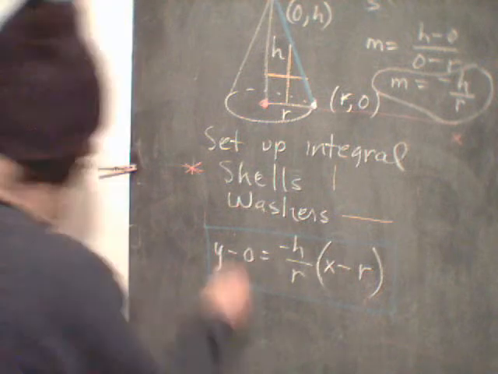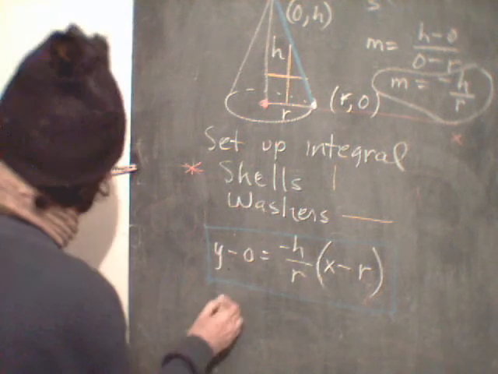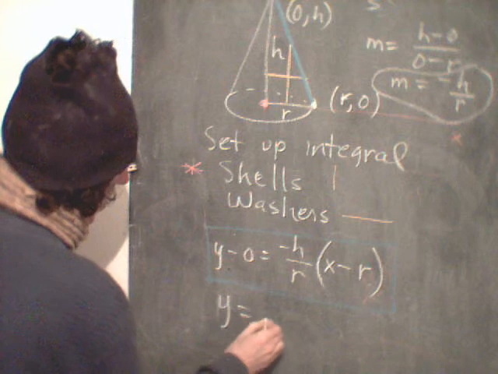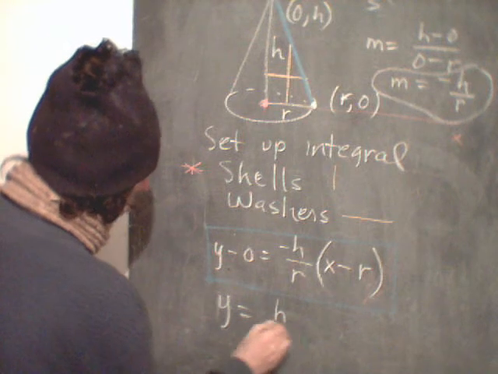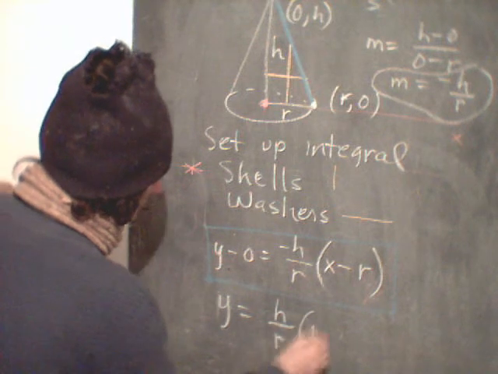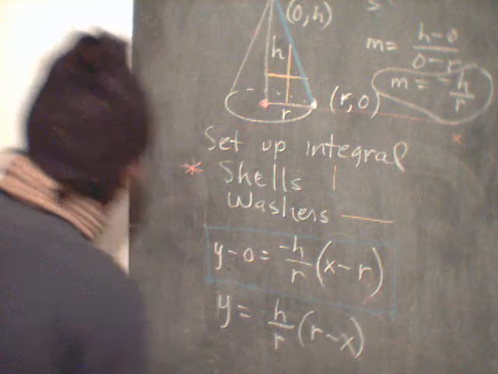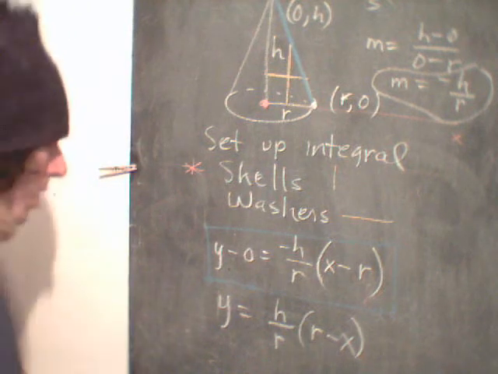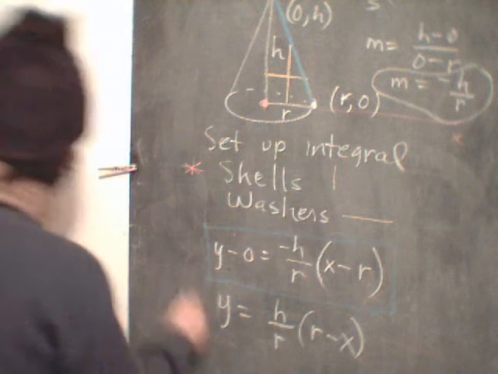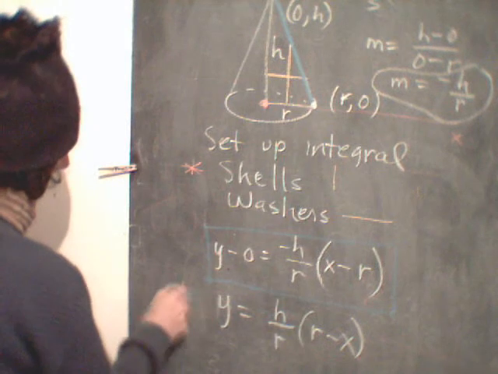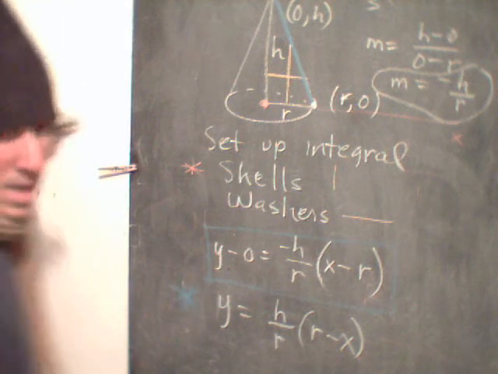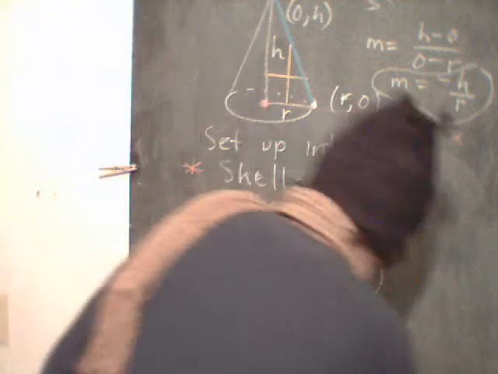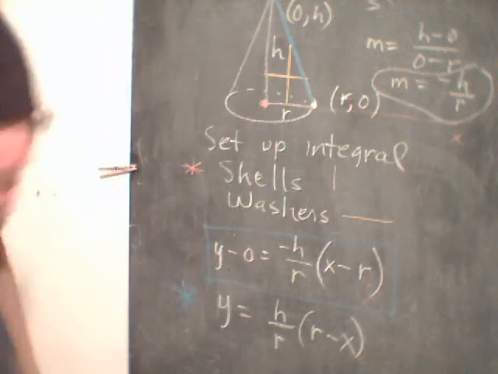So the equation is y equals h over r times r minus x, if you want to do it like that. That's the equation of the blue line, and it's important that we set it up that way.